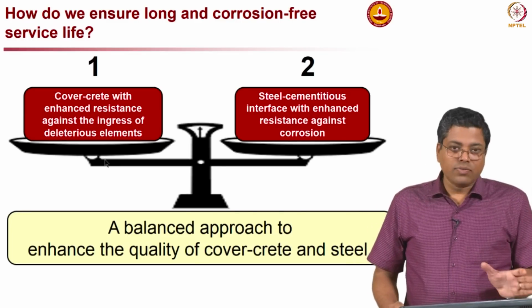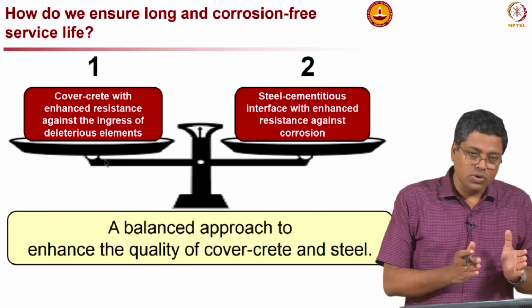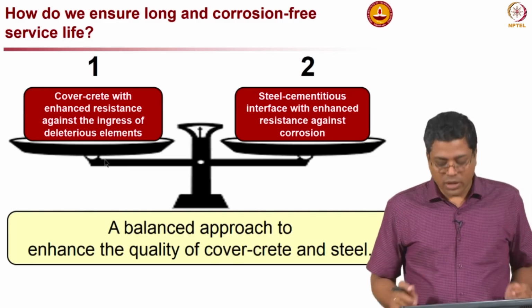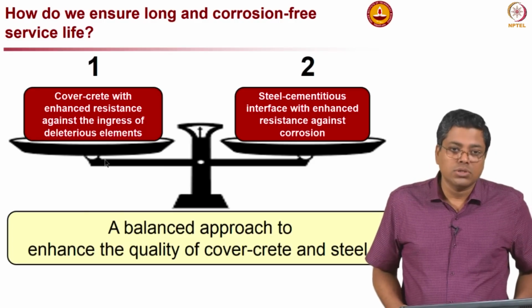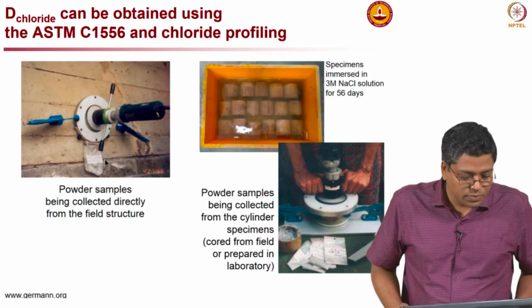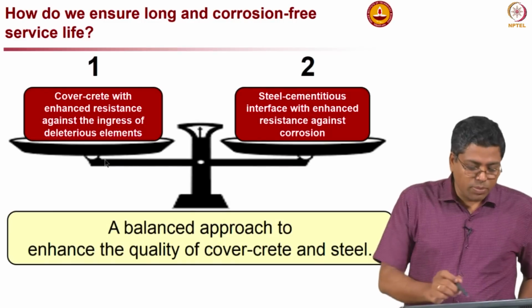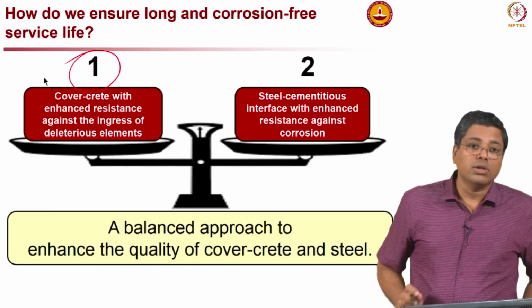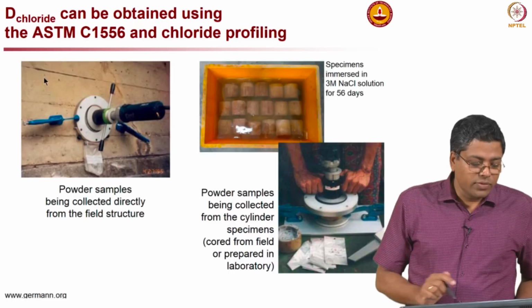For achieving a longer life, you cannot focus on only one of these things, you have to worry about both, and what we recommend is a balanced approach to enhance the quality of cover and steel. Now, we will focus on the first part, mainly the chloride diffusion coefficient of the concrete.